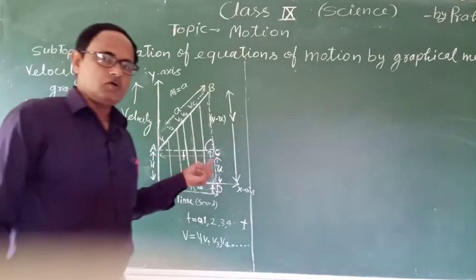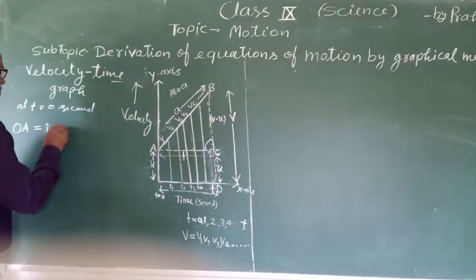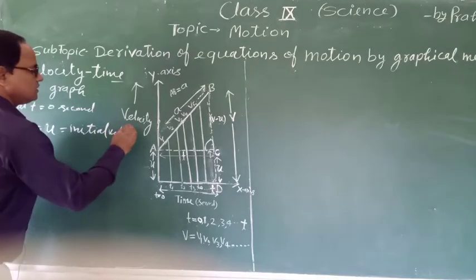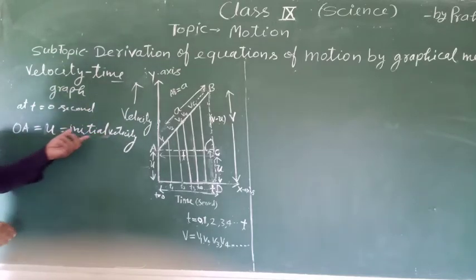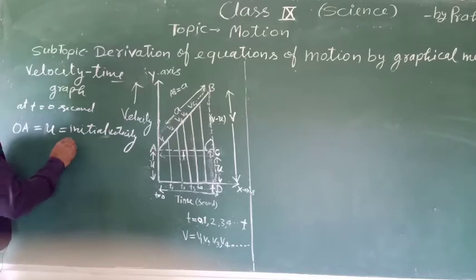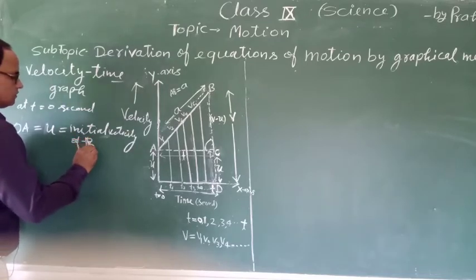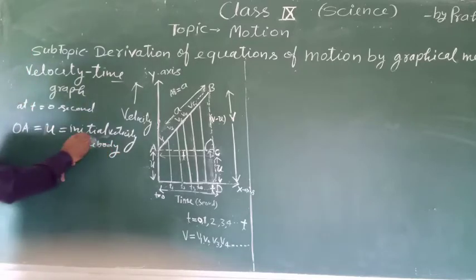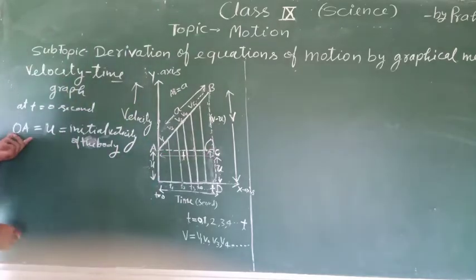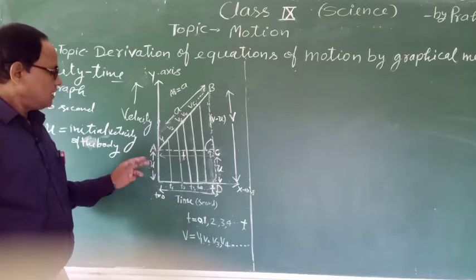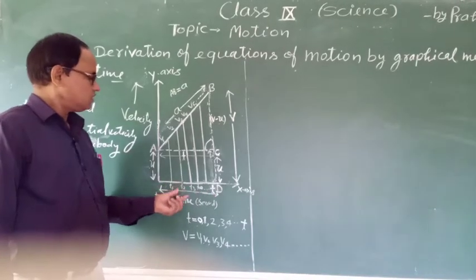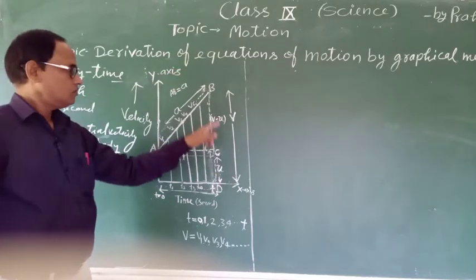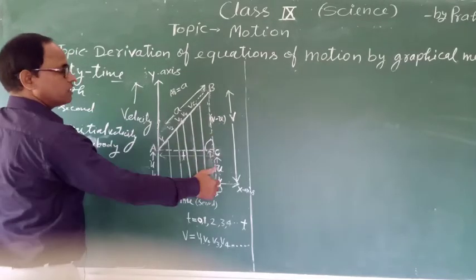Okay students, here OA is the initial velocity of the body, and after time t, increasing through t1, t2, t3 up to t, the final velocity becomes v.